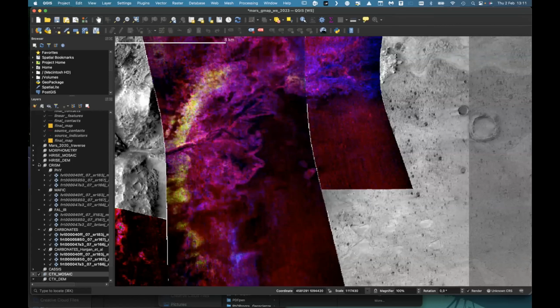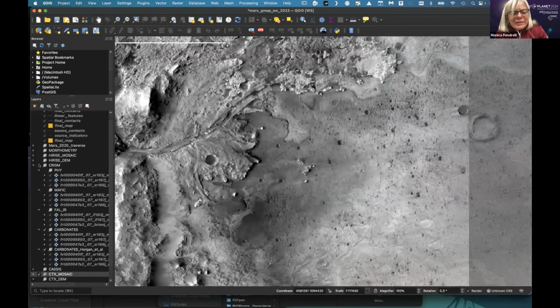Okay, very good. I will also write that in the chat. In the meantime, I can address the question about distinguishing between delta and floodplain areas.